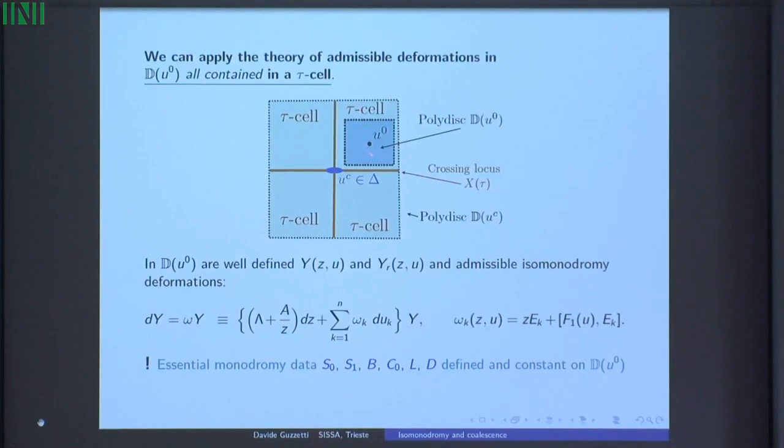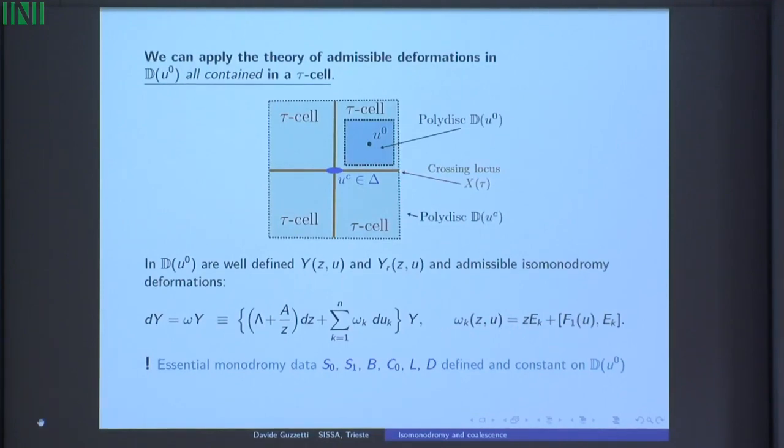So here we can apply the standard isomonodromy deformation theory. I call U0 the center of a smaller polydisk inside a cell. So I have a Pfaffian system. Maybe I didn't say what is the actual form of omega, but maybe it's not so important now.